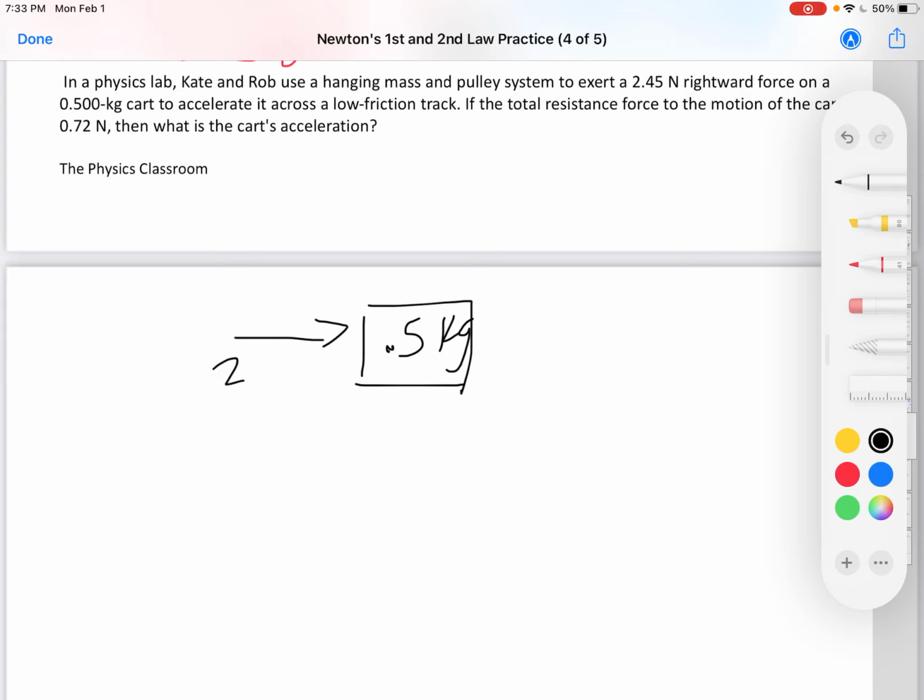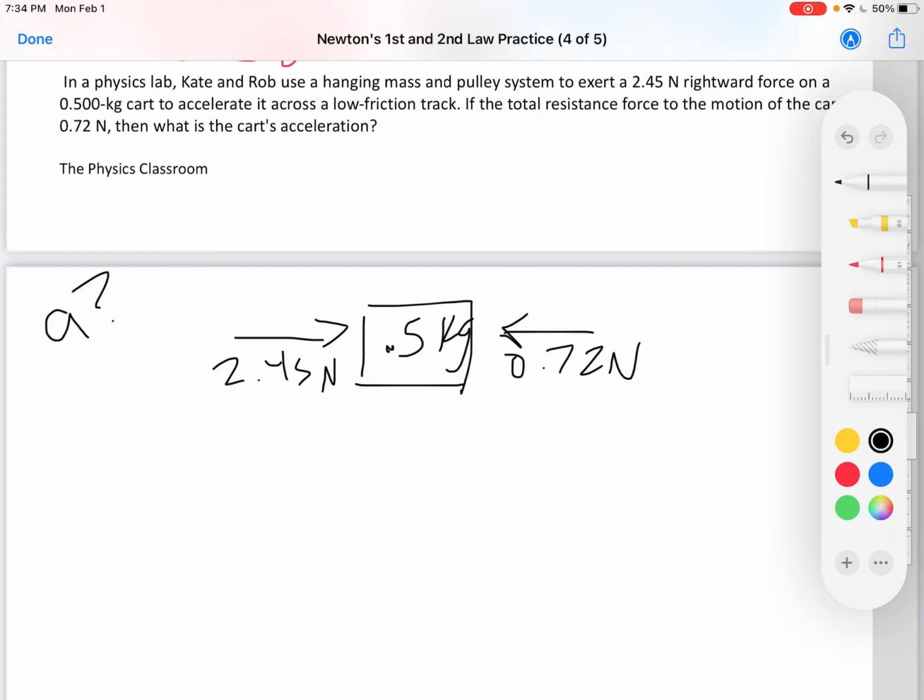The applied force is 2.45 newtons. If the total resistance force, so the resistant force is going the opposite direction, our force of friction in this case, even though it says it's a low friction track, which I guess 0.72 isn't too bad, 0.72 newtons. What is the cart's acceleration?